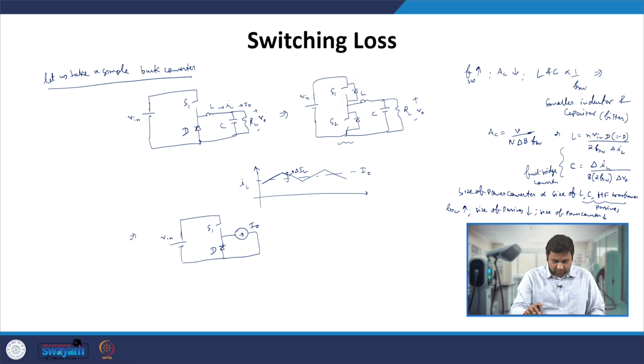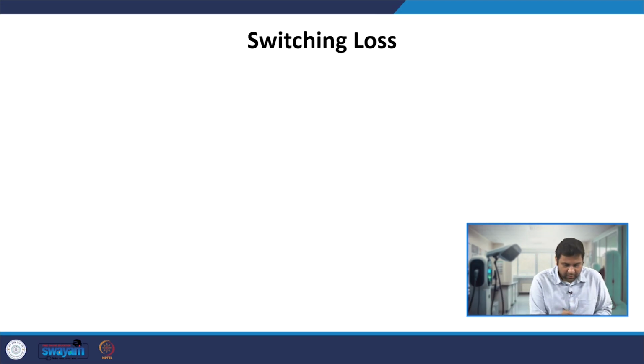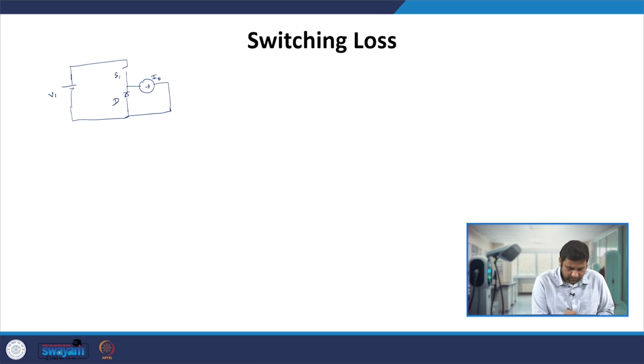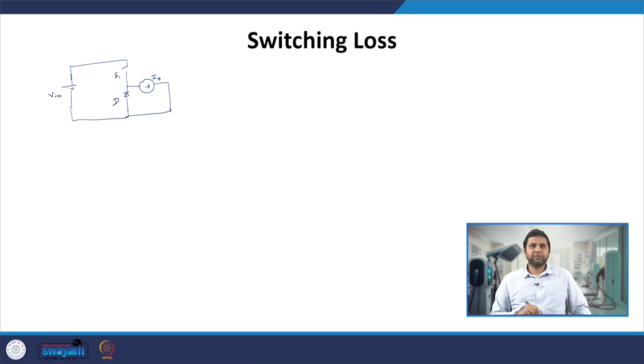So let us try to understand the scenario with this circuit. This is the V in voltage which has been applied.